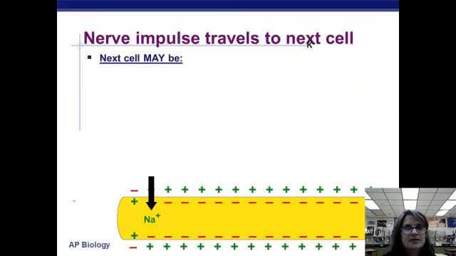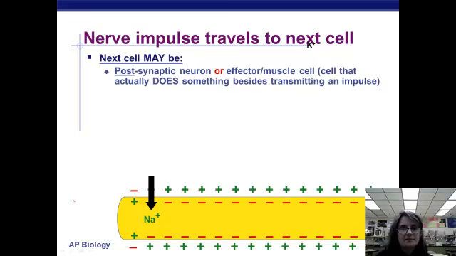Okay? So once we jump that synapse, then the next cell might be another neuron, in which case we would cause a sodium channel to open, and that electrical signal would propagate right on down the neuron. Okay, and we just keep the message going. Or it might be something called an effector, which just means something that does something, like a muscle cell. So the postsynaptic, or after the synapse, cell can be another neuron.